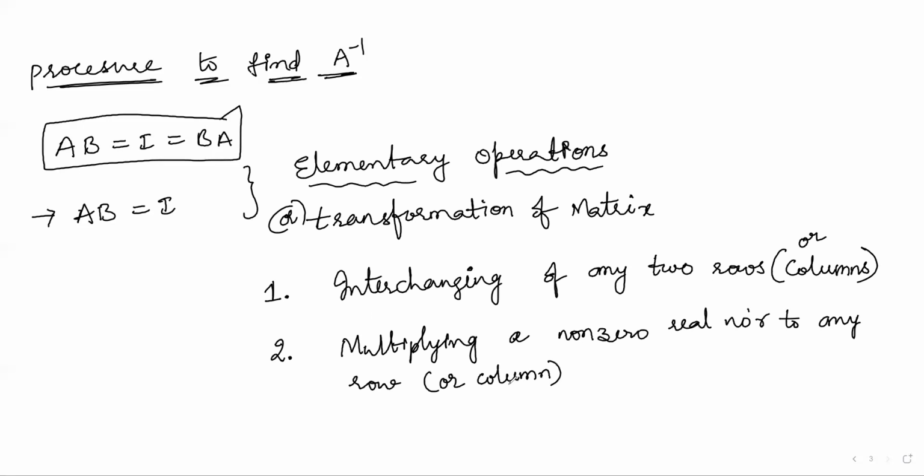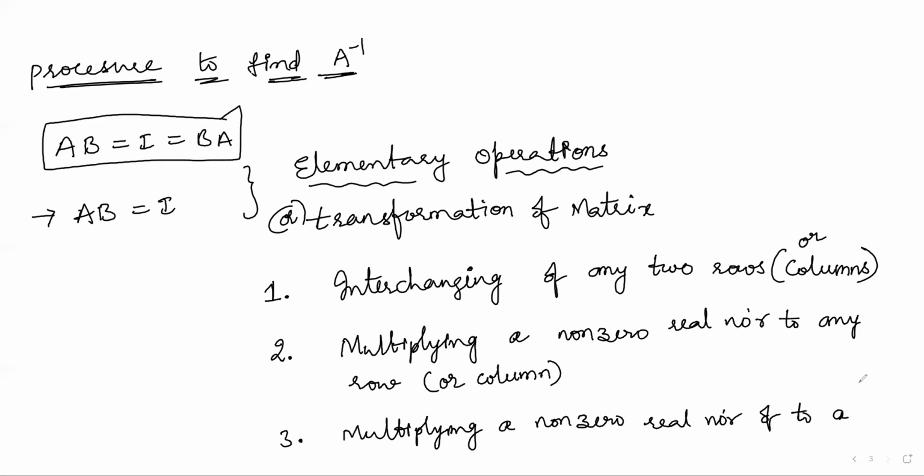If you are applying a column operation, then column, otherwise row operation. The next, multiplying a non-zero real number to a row.